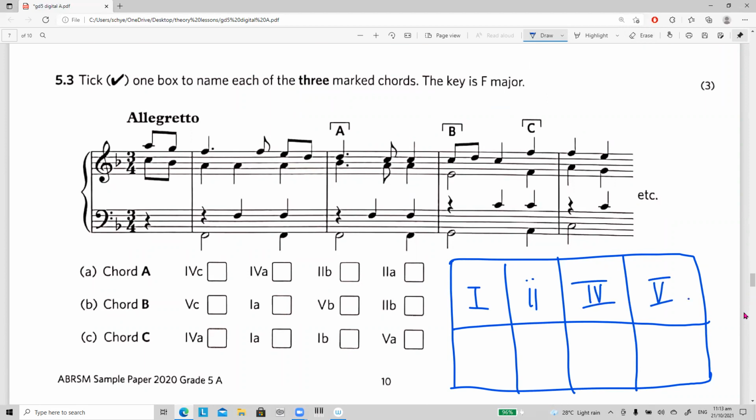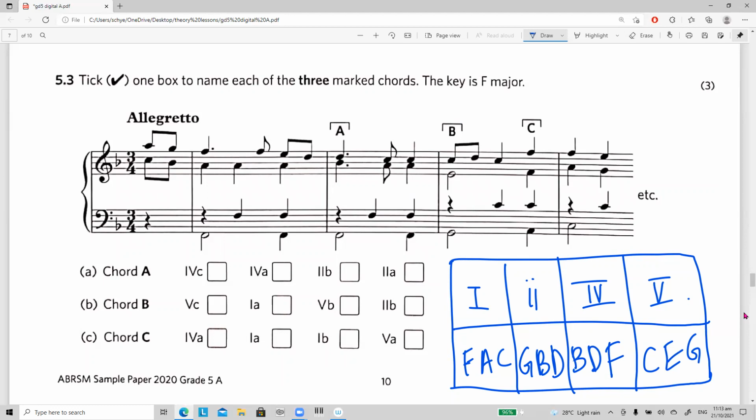So chord 1 is F. Start with F. Second note of F major is G. Fourth note of F major is B flat. Fifth note of F major is C. So chord 1 is F, A, C. Chord 2 is G, B, D. Chord 4 is B, D, F, and chord 5 is C, E, G.